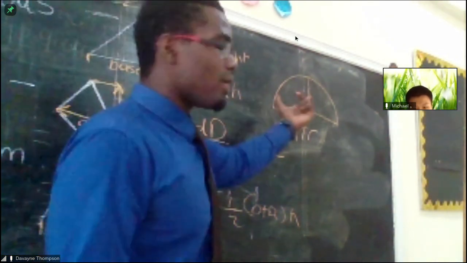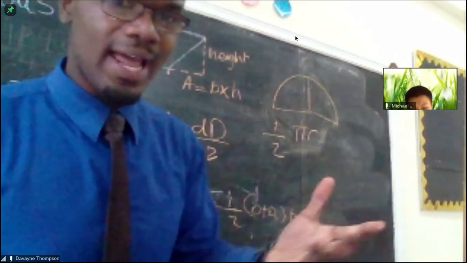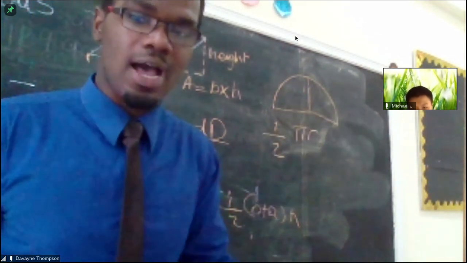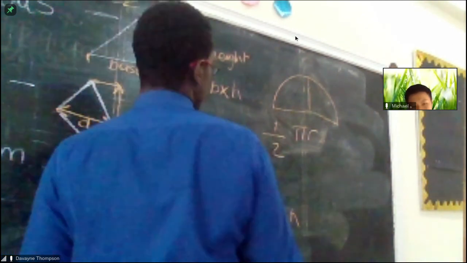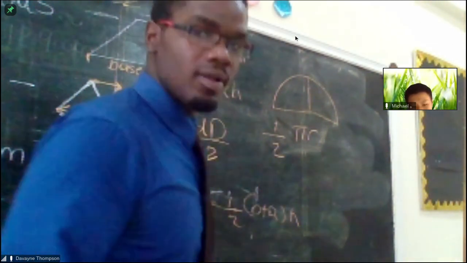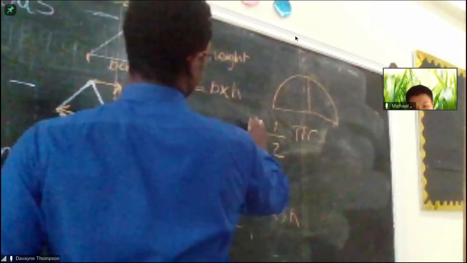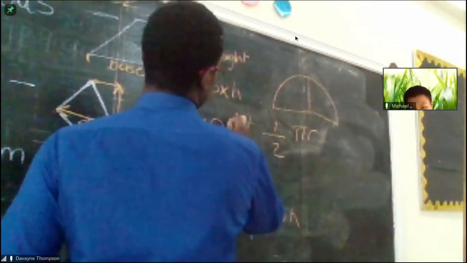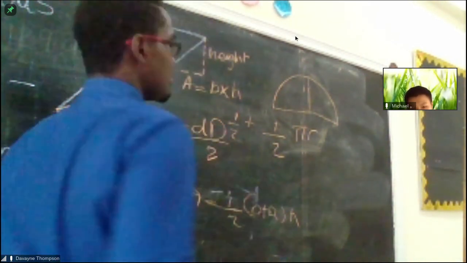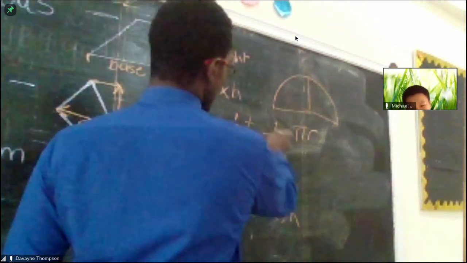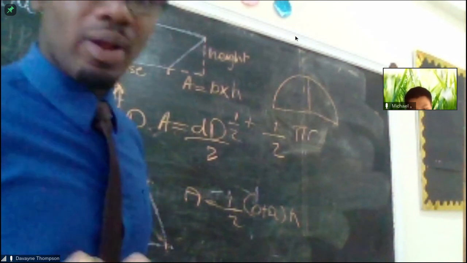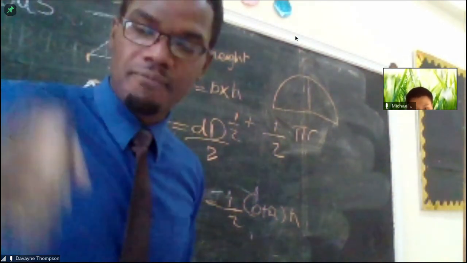Before I had half and I add another half, what's half plus half, Michael? 4. Half plus half? 2. Right? When you add them together, 2/4, right? But what I want you to realize is that half and half make one whole.